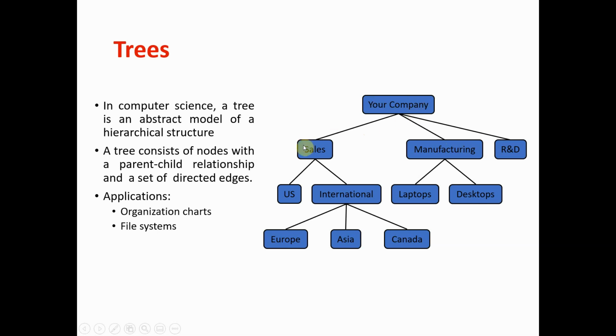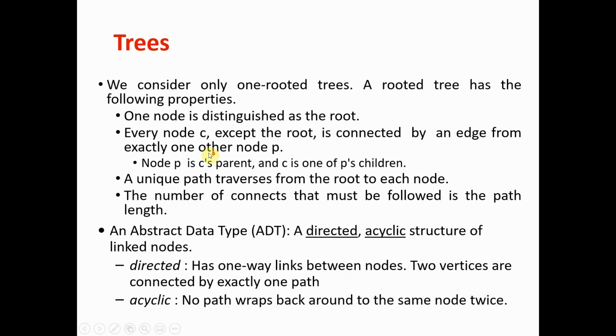Anytime we have a connection between nodes, we are establishing a parent-child relationship, and it's a directed connection. And as mentioned earlier, applications of trees can be, for example, in organizational charts or file systems, and we're going to see more applications throughout this course.